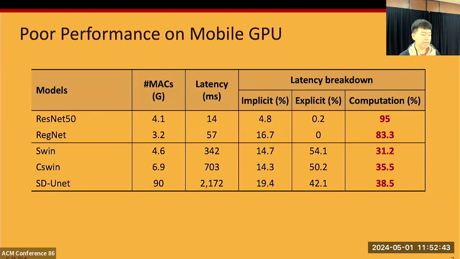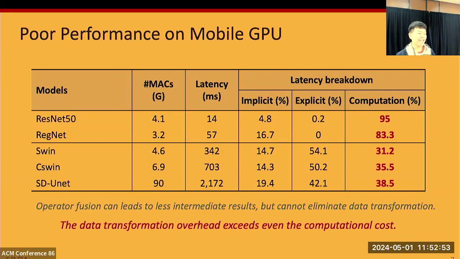The first one is the implicit data transformation. The second one is explicit reorganization, and the last column is the computation overhead. The conclusion here is, even though we already applied operator fusion, which can lead to less intermediate results, we can still see a lot of latency spent on either implicit or explicit data reorganization. And the data transformation overhead even exceeds the computational cost.